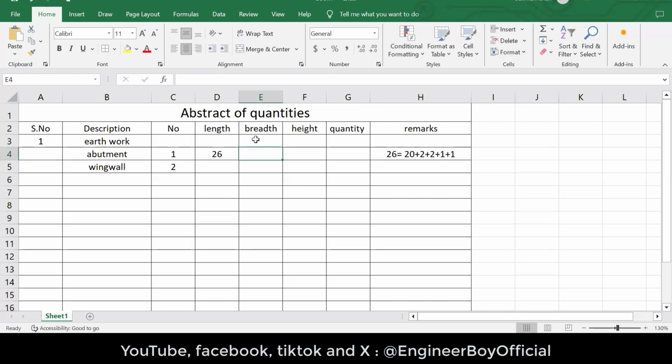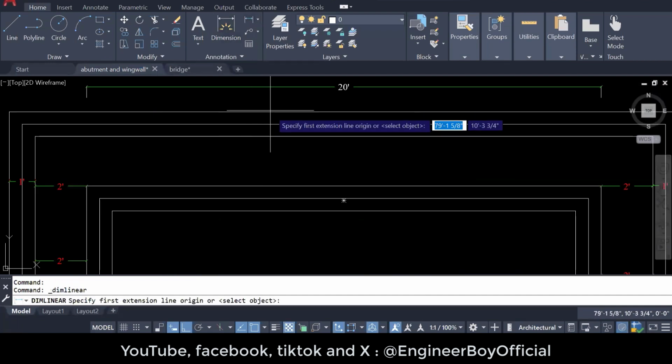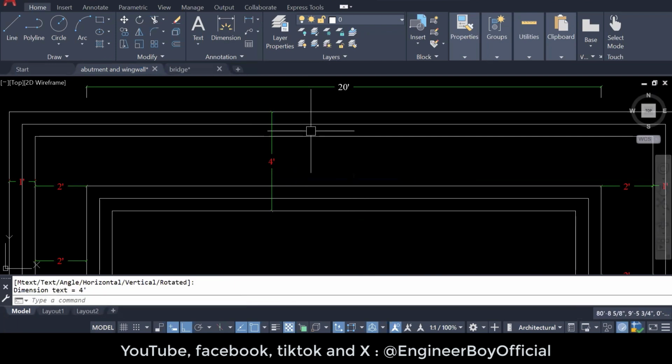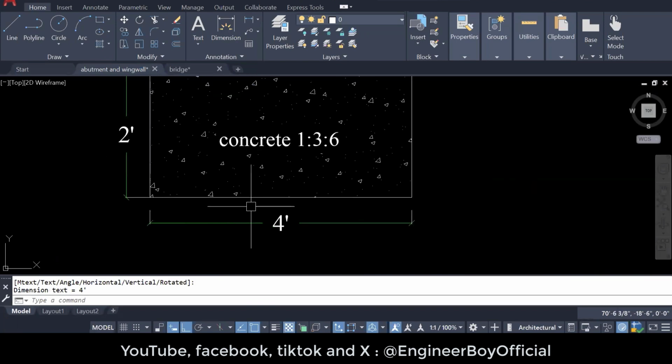What do you guys say? And in the width, this is simple. Width is very simple. You can see the width can be from this point till this one, which is 4 feet. And if you cannot count this, you can see it in the section as well. The width of foundation, which is 4. So you can put 4 over here.